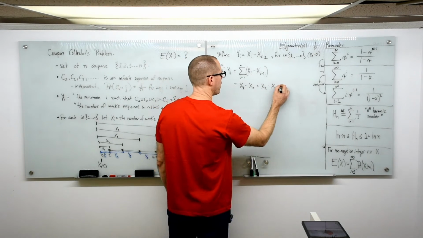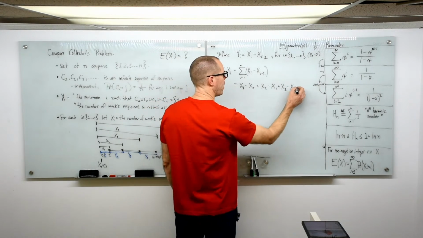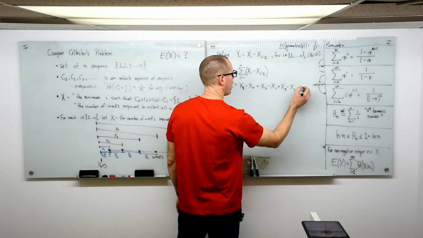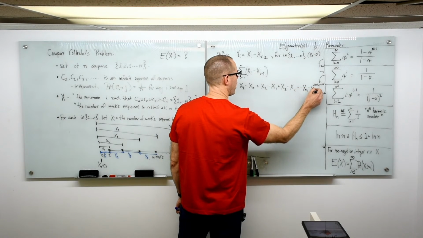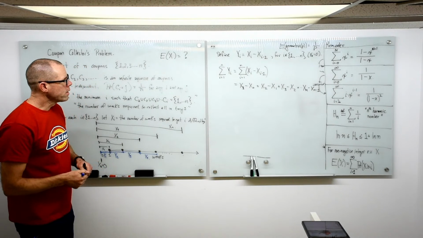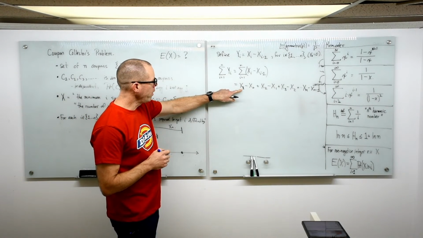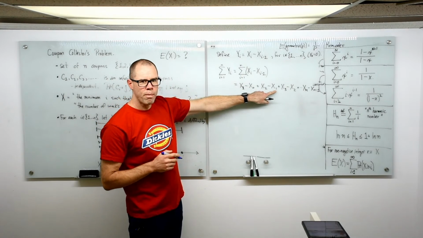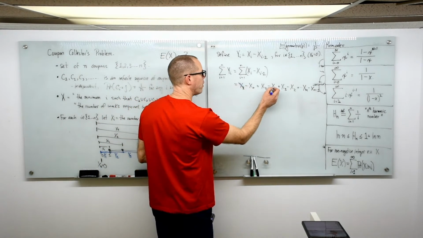The next thing in here is x3 minus x2. And this goes on up until the end when we have xn minus xn minus 1. And if you look at this series, you see, okay, here's an x1, but there's also a matching minus x1. So those two things cancel out.